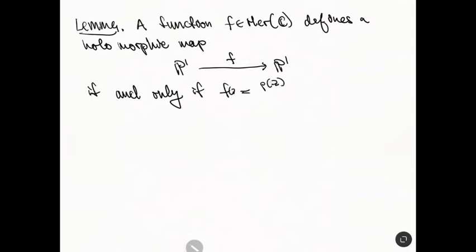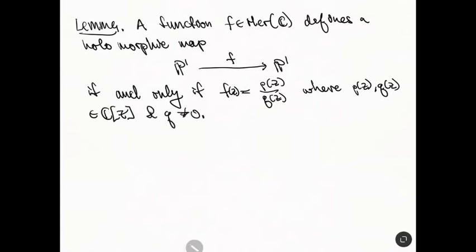Say f of z is p of z over q of z, where p of z, q of z are polynomials, and q is not 0. Okay, so the holomorphic maps from P1 to P1 are just the rational functions.